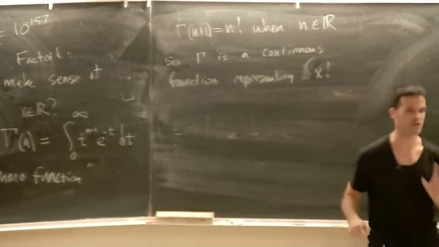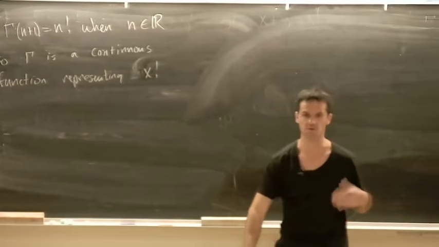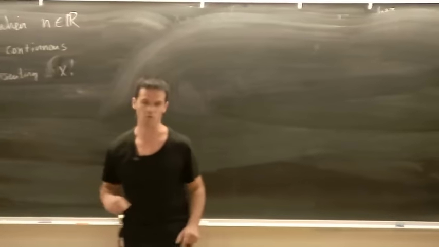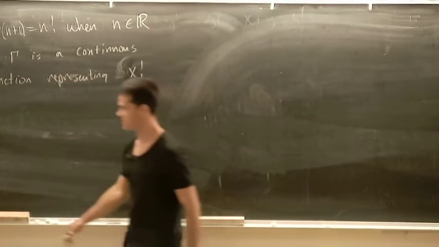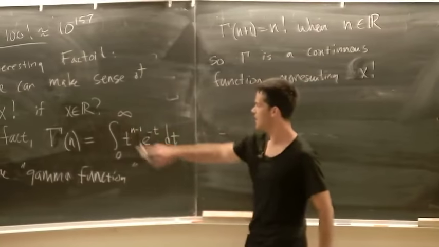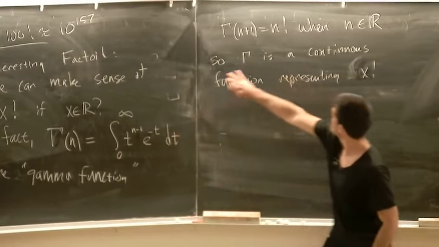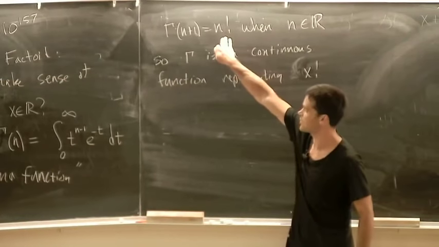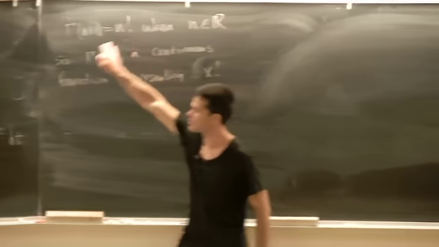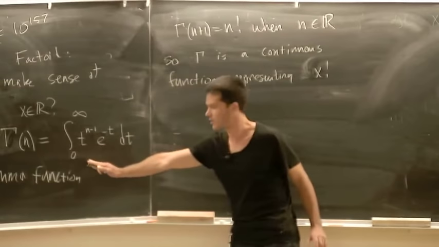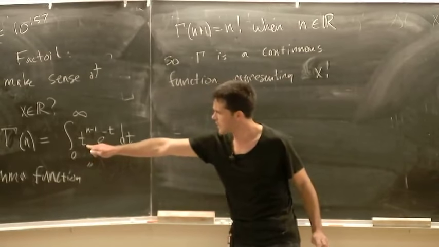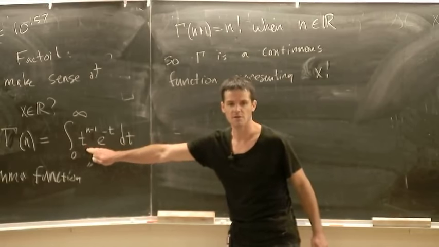So there is a way to describe factorials using a function. It's just that's the form you need to describe it. As you can see, this is an improper integral. But you can actually prove this result. It's not that hard. You just kind of have to do integration by parts, like n minus 1 times.